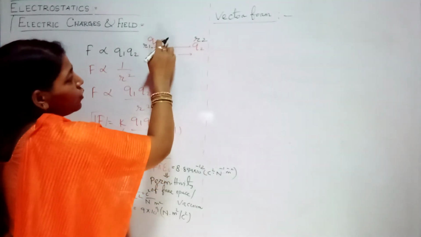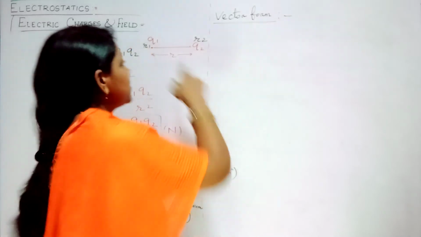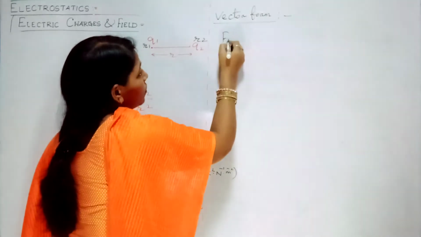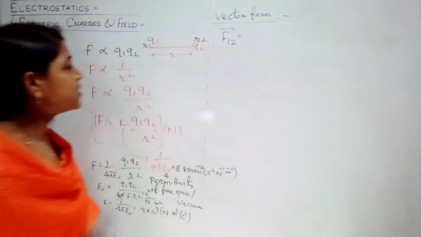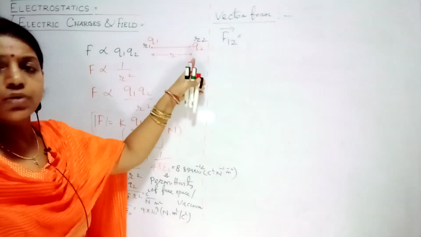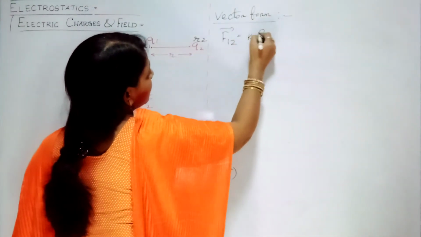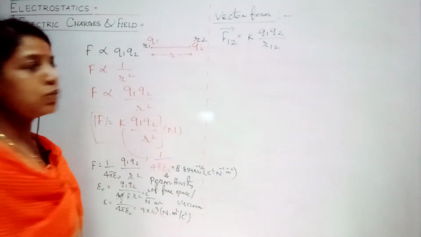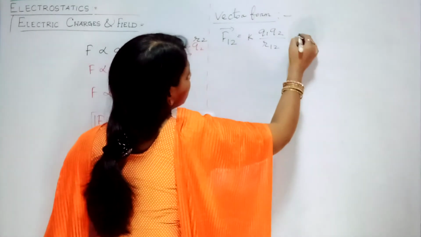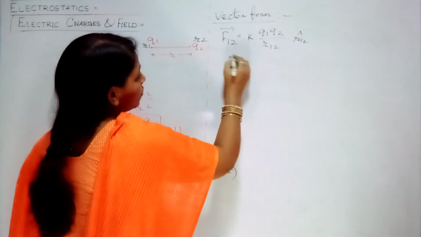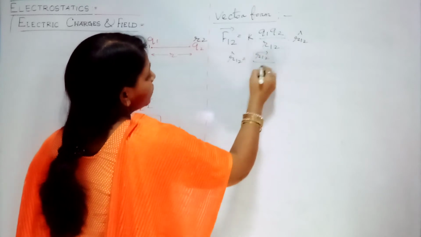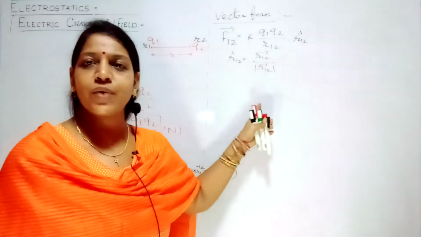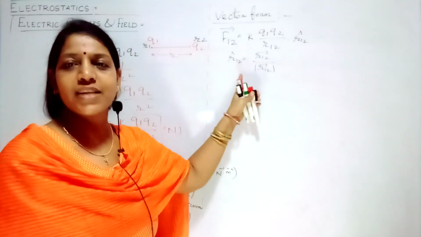Now when you want to find the force experienced by charge Q1 due to Q2, what will you write? F12, the force experienced by charge Q1 due to Q2, equals K, constant, the charges are also scalar, by r12 square into r12 cap. I hope you know r12 cap is nothing but r12 vector by the mod of r12 vector. You have studied this formula in your 11th, the vector chapter.